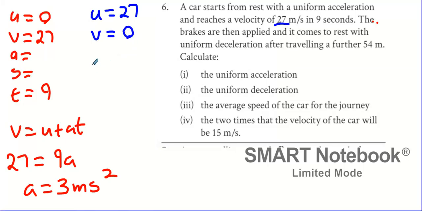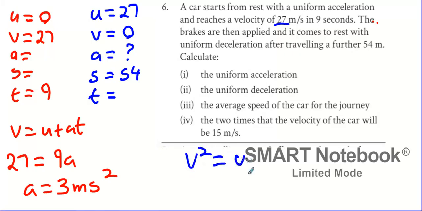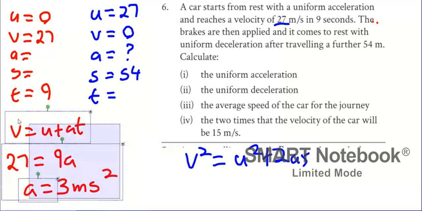What's my A value? Okay. What's my S value? Okay. What's my T value? What formula? V squared equals U squared plus 2AS? That'd be okay with you guys?